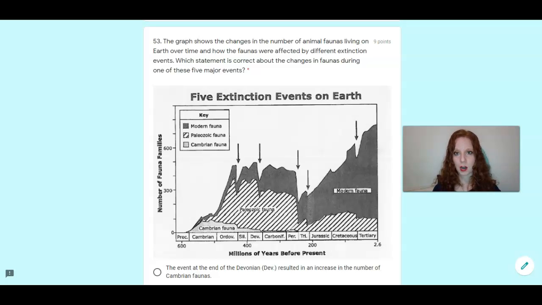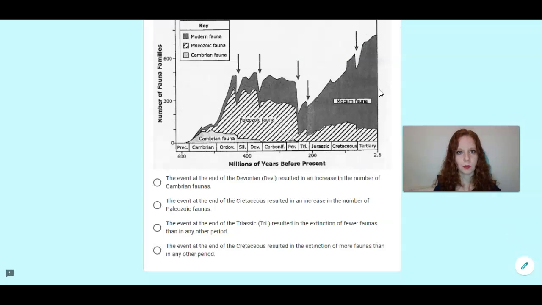So let's take a peek at our picture here, and we are going to be describing changes due to extinction events. So we've got our little key with modern, Paleozoic, and Cambrian. And again, don't freak out if you don't know what that means. It's basically new, older, oldest.